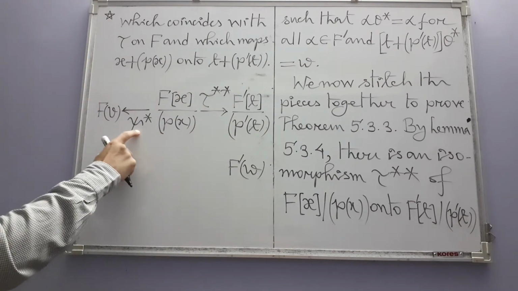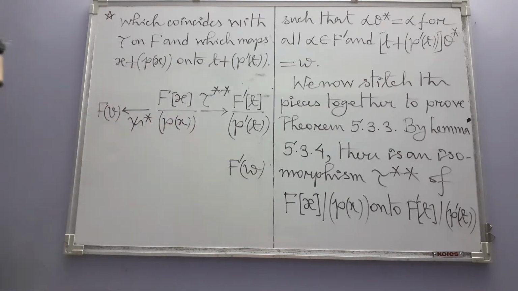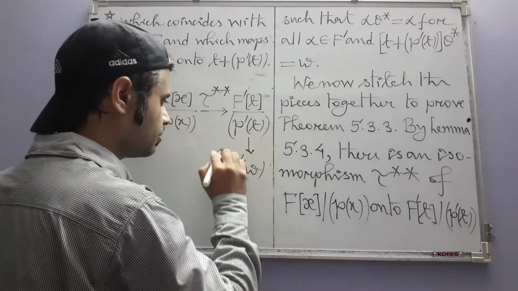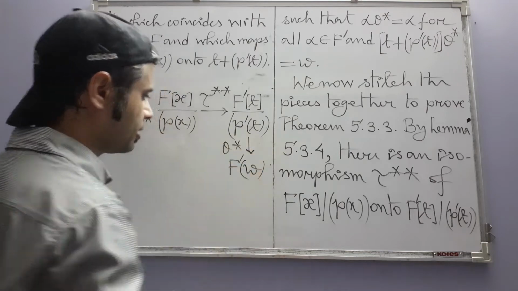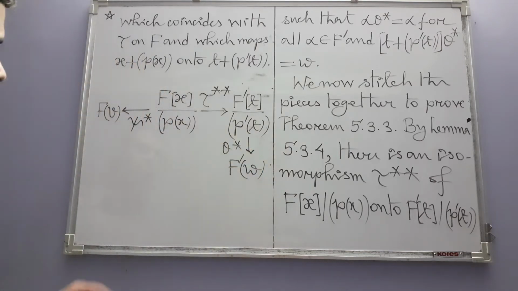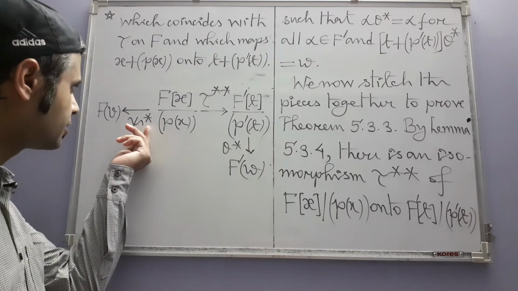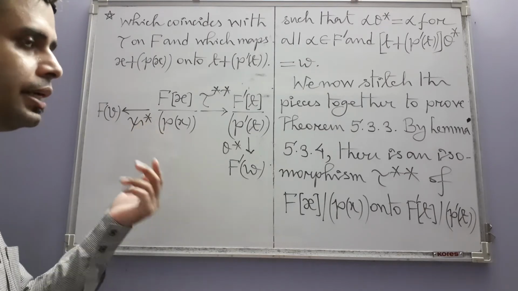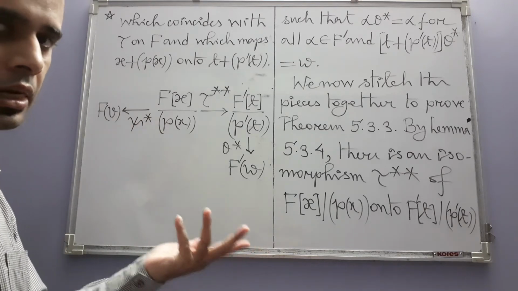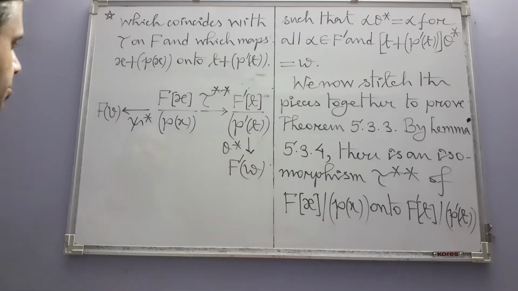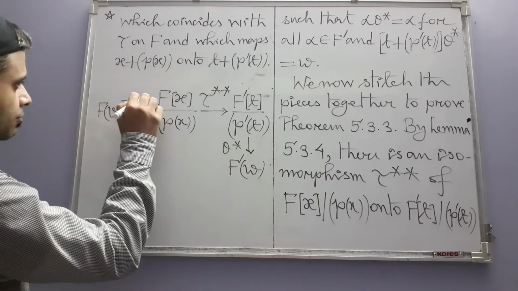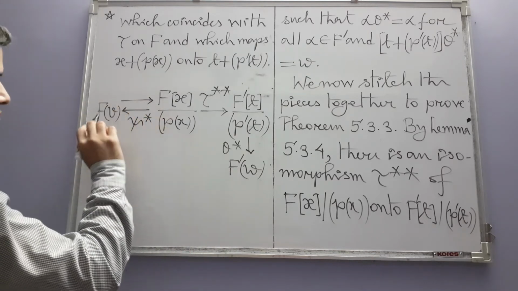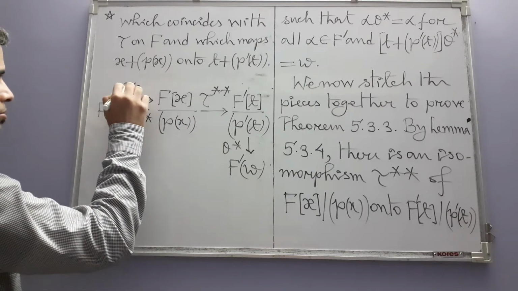And just like this one, here also there is an isomorphism, and that thing is your theta star. Now because this psi star is an isomorphism, its inverse exists and is also an isomorphism, which will run from F(v) onto this.